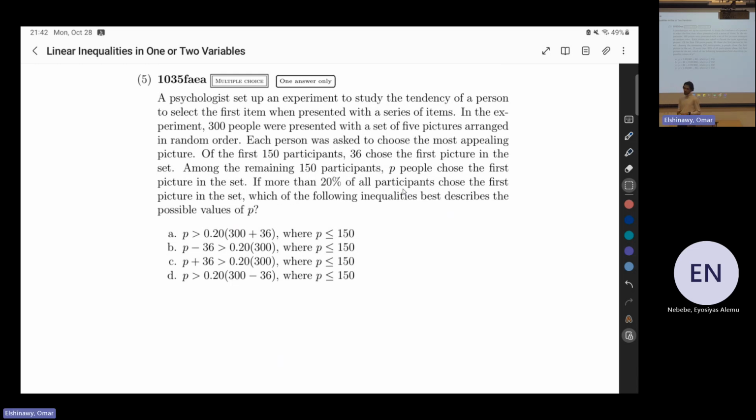So just write down all your givens and start from there. Time's up. And you can still attempt the problem.